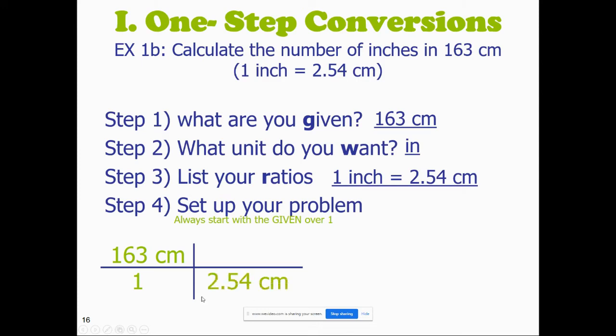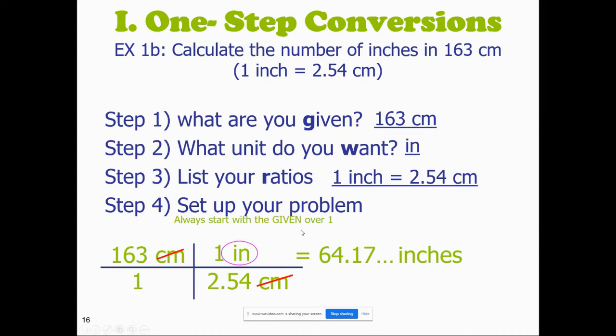So you write 2.54 centimeters. So if we wrote this part, we need to write the part right above it, 1 inch. Okay, so enter that into your calculator. 163 centimeters times 1 divided by 2.54. You get this number. What units do we have? Well, our centimeters canceled out. We're left with inches.